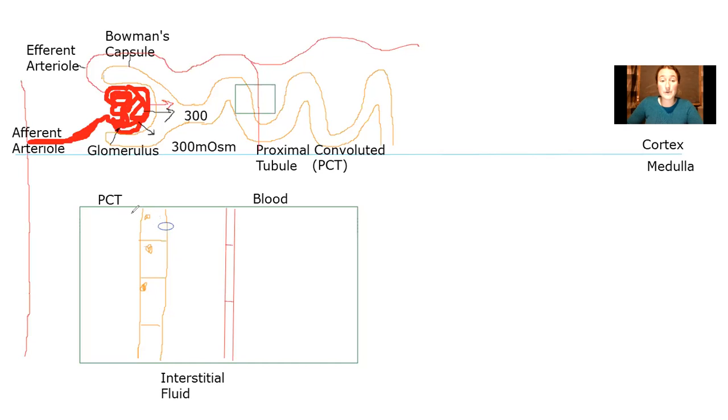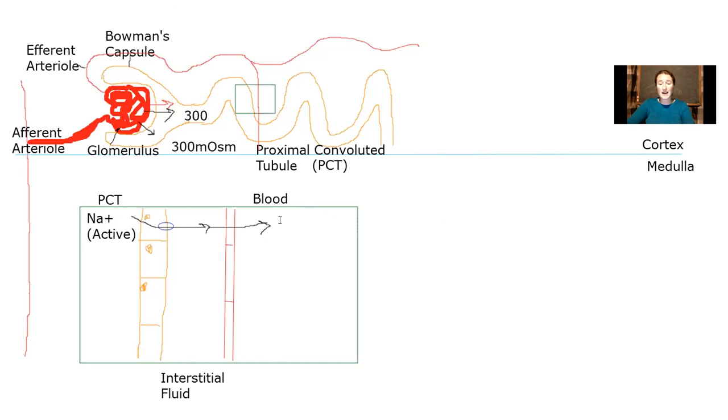What that's going to do is essentially pull sodium from the filtrate, push it out into the interstitial fluid, and ultimately it will diffuse into the blood. So again, the very first thing we do in the proximal convoluted tubule is we take sodium and we actively pump it across the PCT membrane and into the blood.